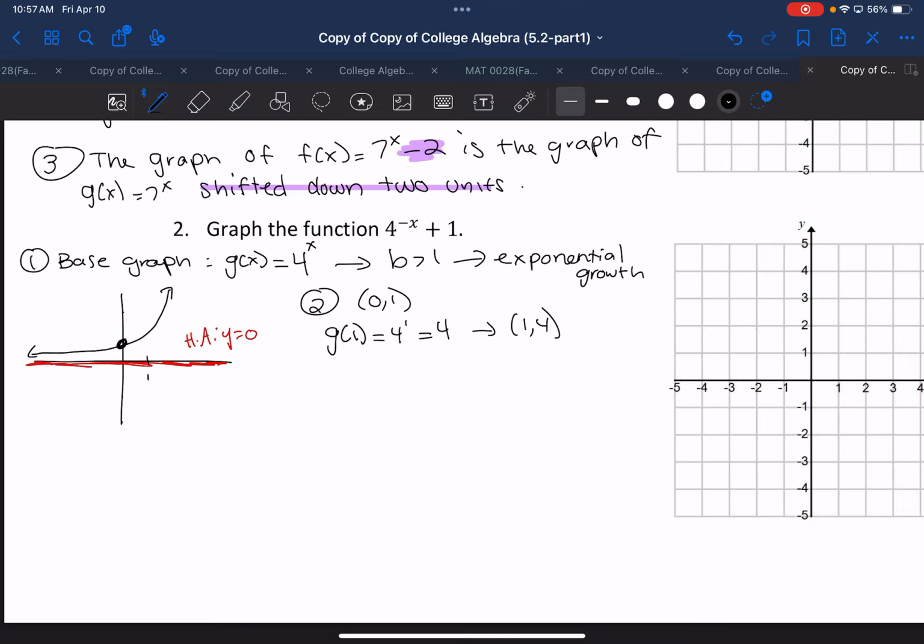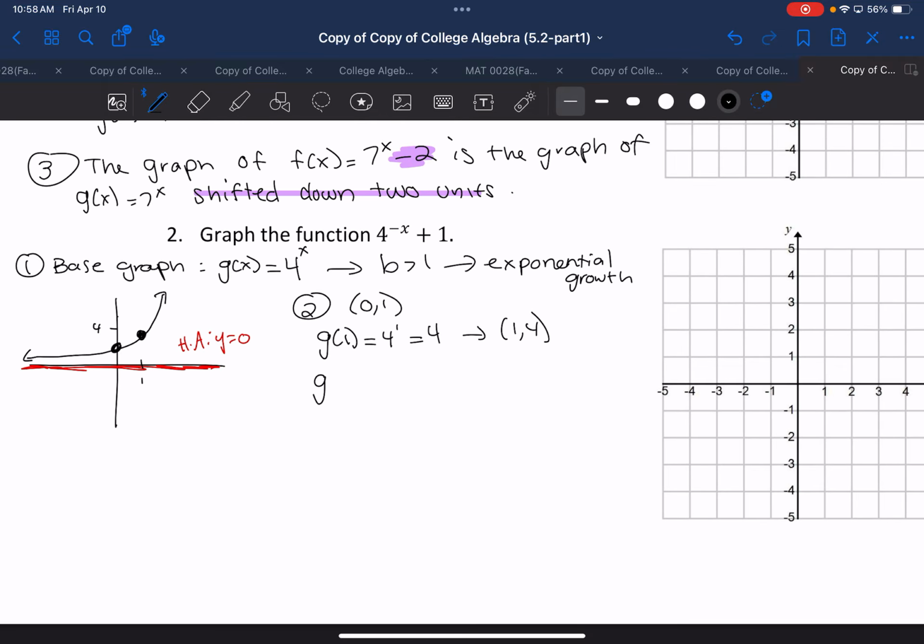So it would be around here. And then I can plug in g of -1, which would just be 4 to the -1 power, which would be 1/4. So this would be -1, 1/4, which would be over here.